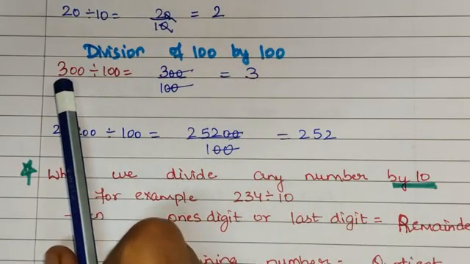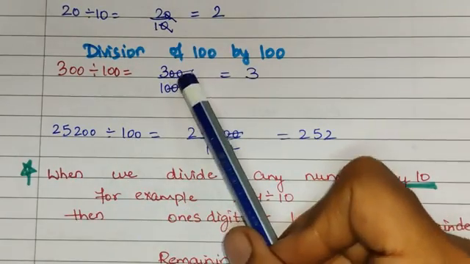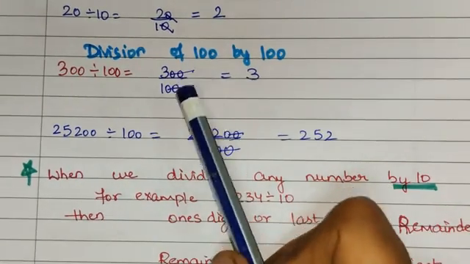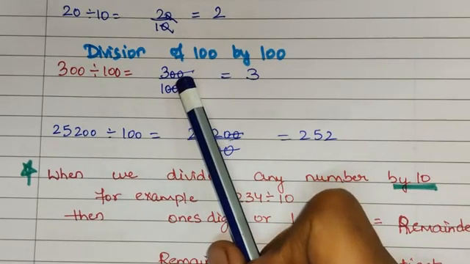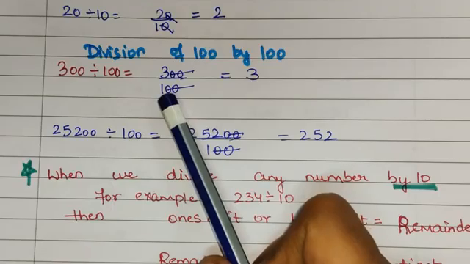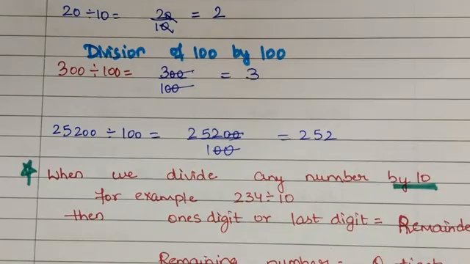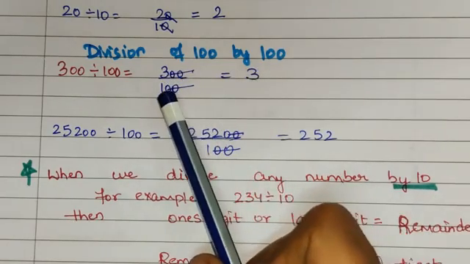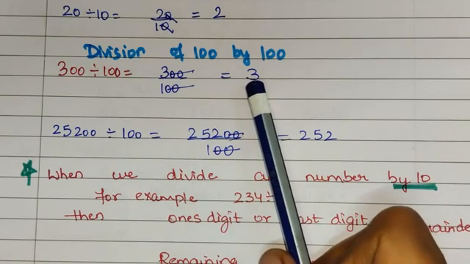Suppose 300 divided by 100. Let us write it in the fraction form. 300 upon 100. Now, in the numerator there are 2 zeros. In the denominator there are 2 zeros. So, cancel them. We get 3 upon 1. We can simply write 3.